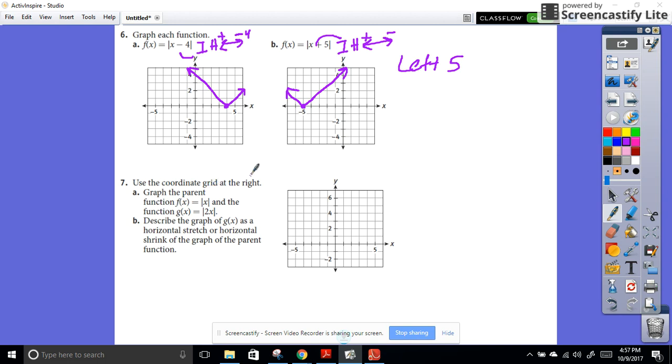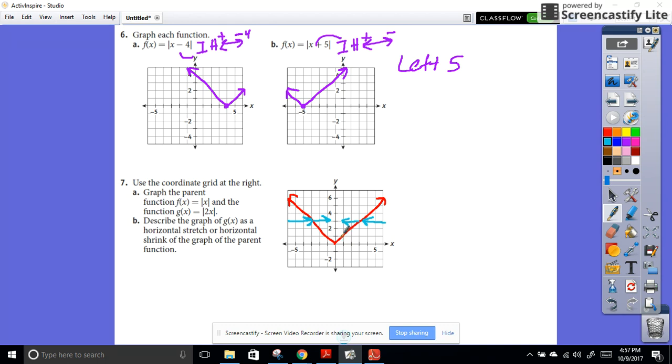Okay, use the coordinate grid at the right, graph the parent function. I'm going to graph the parent function in red because that's what I've been using the whole time. Okay, the inside change, so that means I'm going to be pressing it in, compressing it this way. Or think about it being on the outside, pushing that way. I'm going to take each one of the x values and half them.